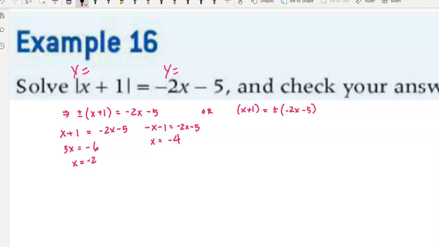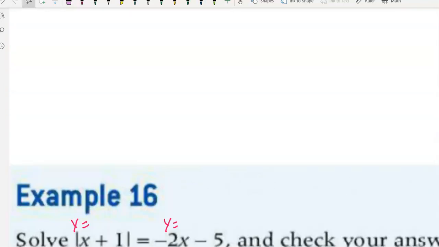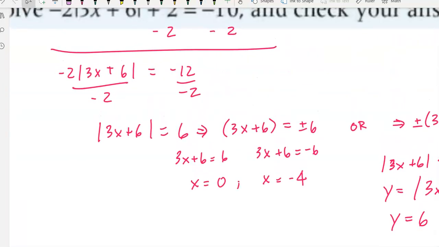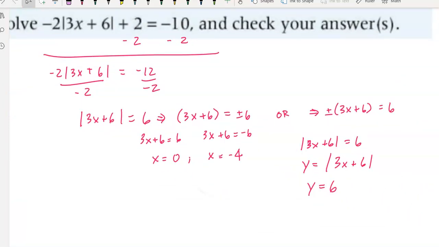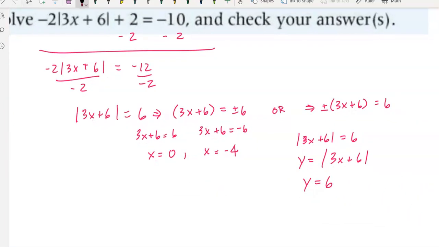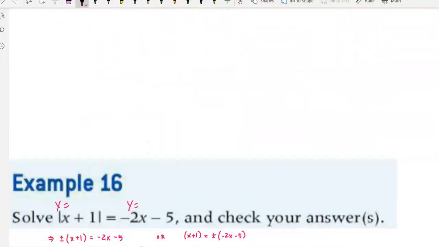Now we have to see if both of them work. Because sometimes they don't work. For this one, when the system of equations involves an absolute value and a horizontal line, you kind of have two solutions, unless it's a vertex. But you're going to have two solutions, just like parabolas.